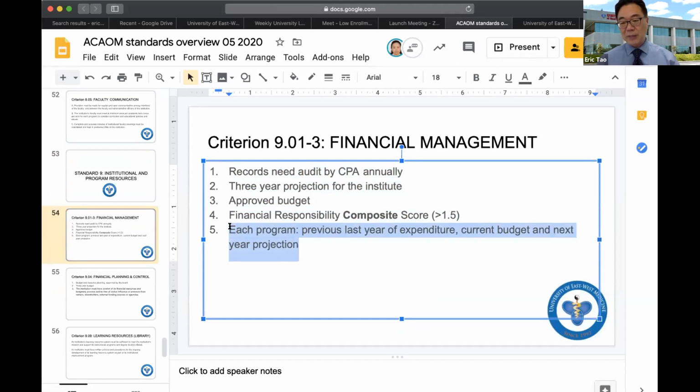The master program, we don't have to do it, but for a doctor program, the clinic needs to have a clear idea of how much we spent for your program last year, what's your current budget, and what you plan to do next year. So for the whole university, we need to do a 3-year projection. Each program needs to do a 1-year.